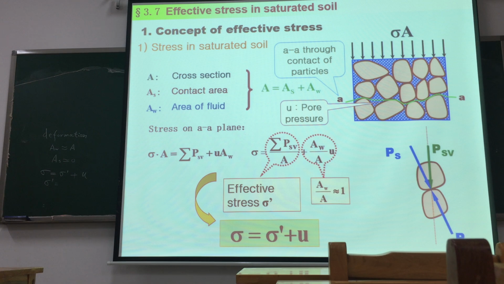So it has no effect on the deformation or the strength of the soil.